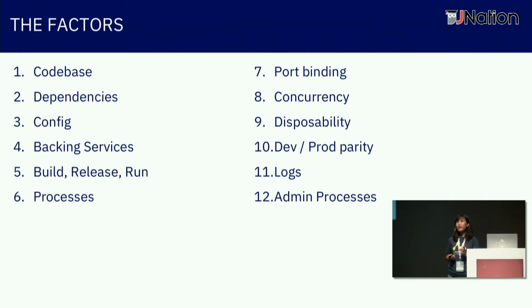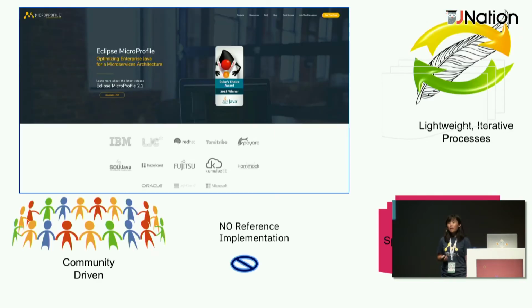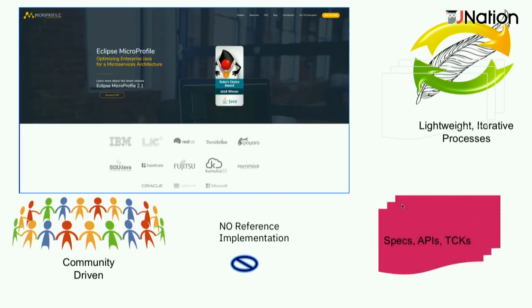The next thing is MicroProfile. MicroProfile is an open source community for people to get together to evolve the best-of-breed programming model for doing cloud-native microservices. It was established over 2 years ago by IBM, Red Hat, Payara, Tomitribe, and the LJC, London Java Community, and other individuals.